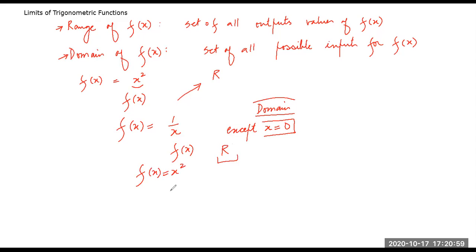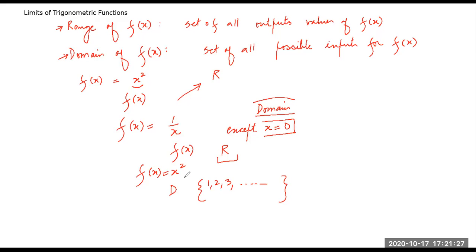Imagine if a function is f of x is equal to x squared, we might as well say that the domain is, let's say, 1, 2, 3. We can choose domain as per our needs and requirements. We need not take all possible inputs of the function. We can take a small set of those possible values to be considered as domain of the function.